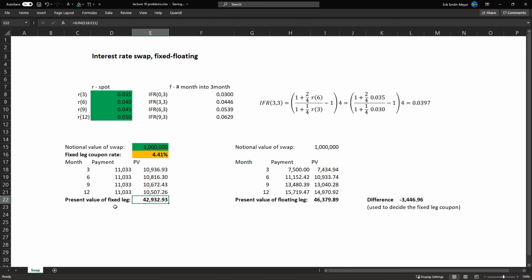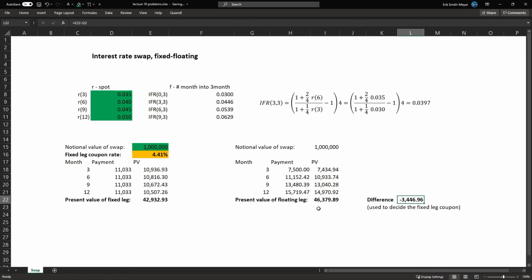So the present value of the fixed leg is now 42,900, and the present value of the floating leg, because of the increased implied future rates, is now 46,300. Hence, the difference is 3,446. If you are receiving the fixed leg and paying the floating leg, your position is now negative 3,000.